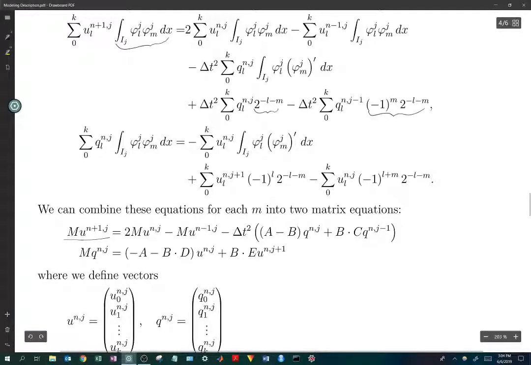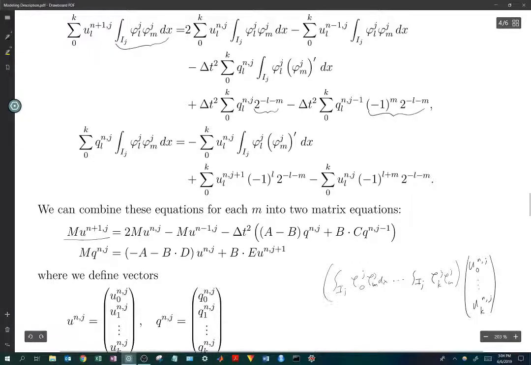You can take u_0j through u_kj and multiply that by, for m equals 0, the integral over ij of phi_0j phi_mj dx, all the way up to the integral over ij of phi_kj phi_mj.